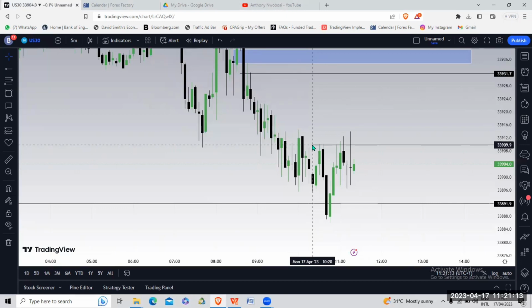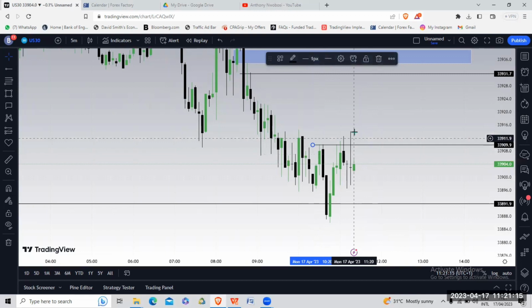You need the body of the candle to close hugely above. If this candle closes very bullish above, then I'll wait for the second candle. Once it retraces back to this zone, that will be the entry, and the stop loss will be the last low.